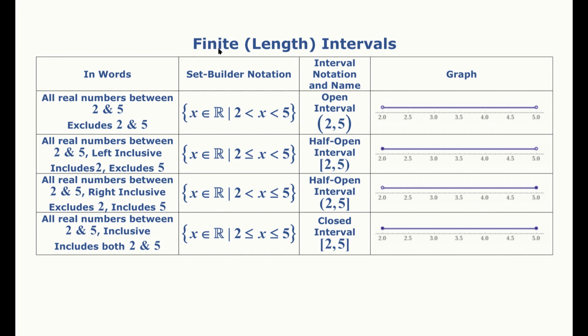And remember, when we talk about continuous subsets of the set of real numbers, these sub-continuums are always going to have infinitely many elements in them, right? So the set of numbers between 2 and 5 is going to have infinitely many elements in it. So when we say finite, we're just talking about the length. Notice the length is finite because it's just 5 minus 2, which is 3. The length is finite, but the number of elements in it is always infinite.